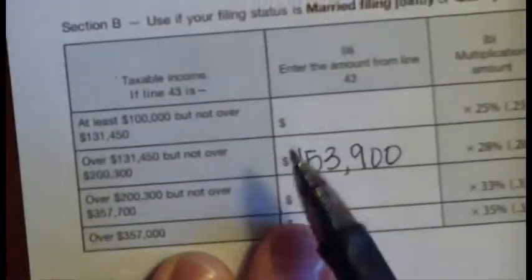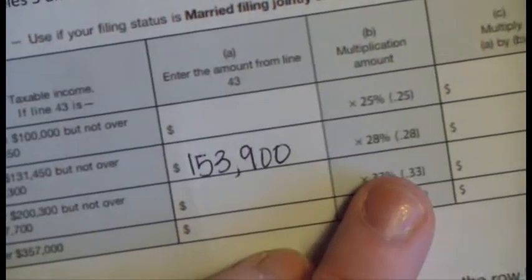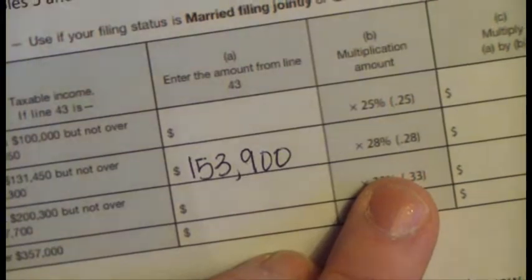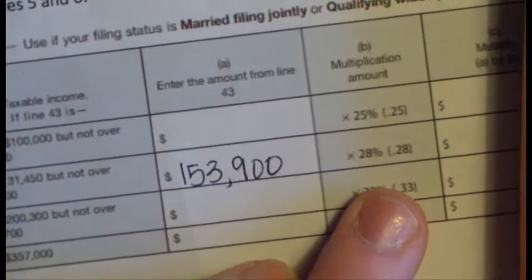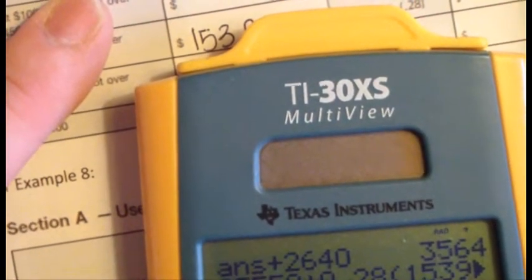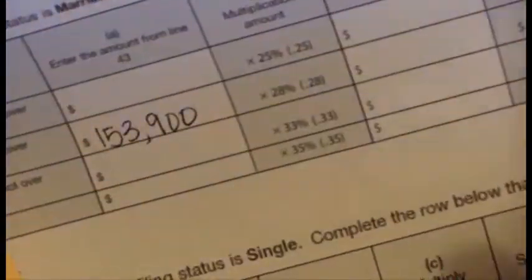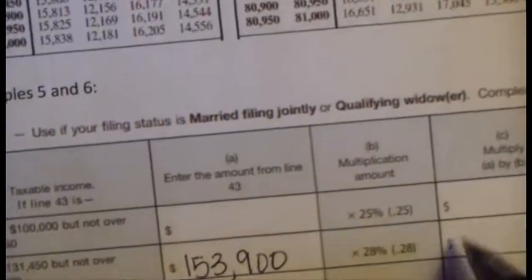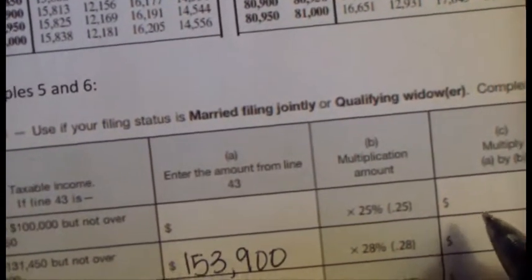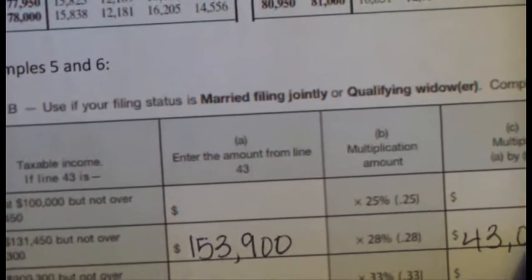So 153,900. Then it tells us we're going to multiply by 0.28. Get out your calculator: 153,900 times 0.28 is 43,092. So we're going to write that in this next box right here, $43,092.